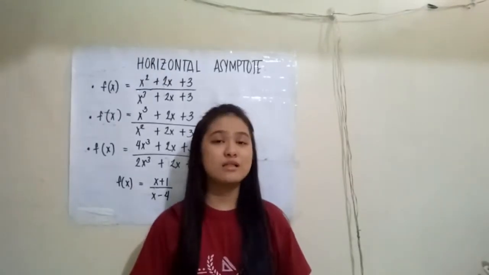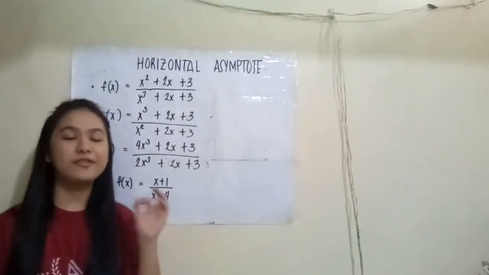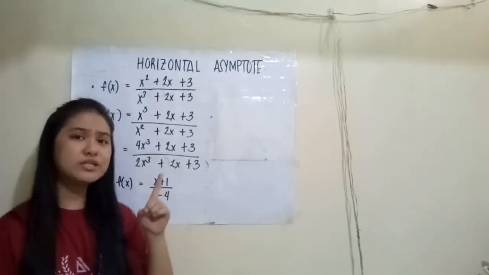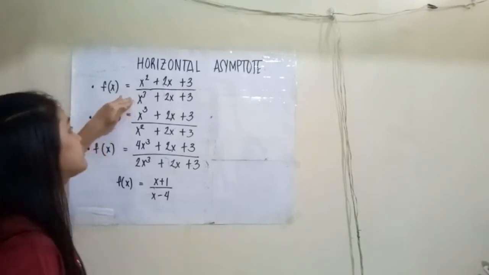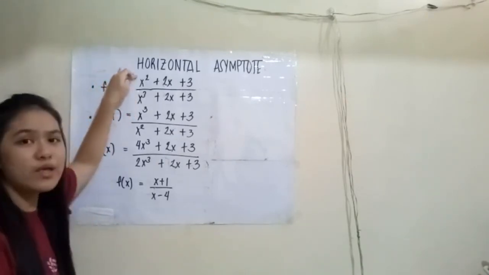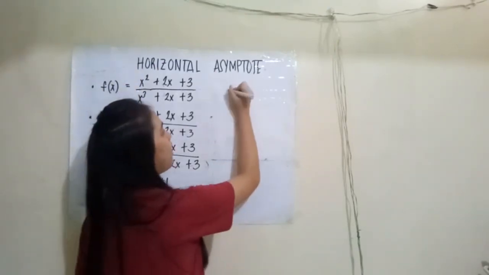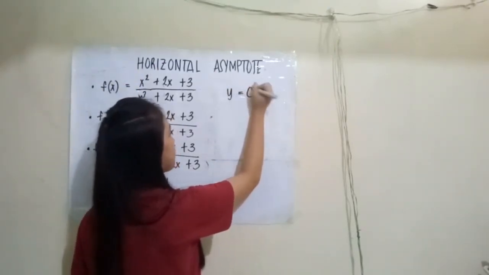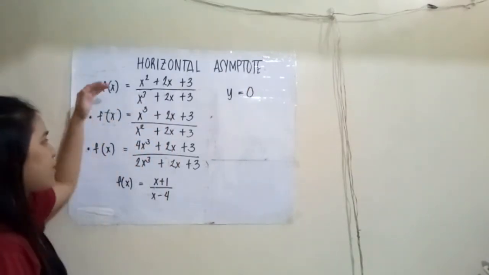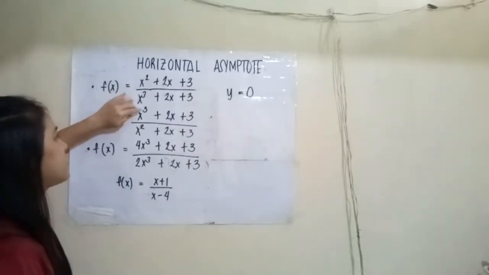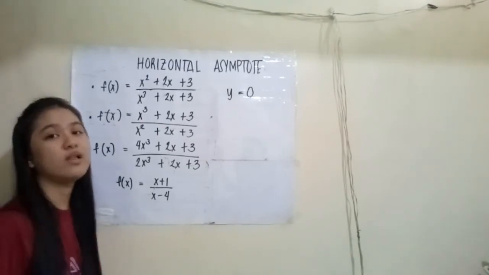Getting the horizontal asymptote. In getting the horizontal asymptote, we have 3 conditions. First condition is that if the largest degree of the denominator is greater than the largest degree of the numerator, then our horizontal asymptote will be y is equal to 0. Next condition, if the largest degree of the numerator is greater than the largest degree of the denominator, then we don't have a horizontal asymptote.